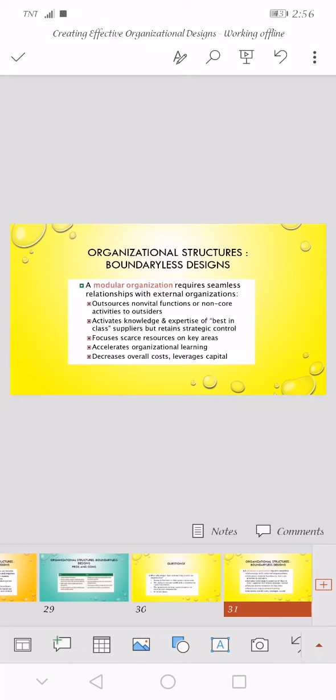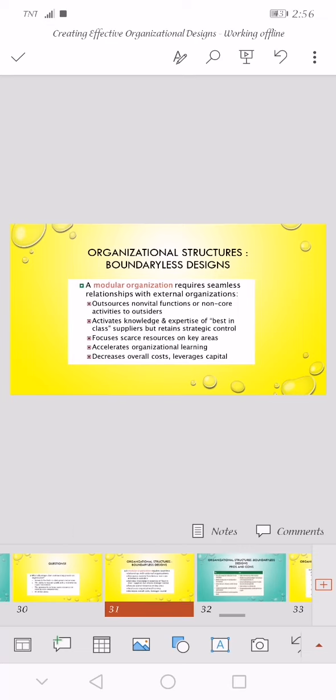Second, activates knowledge and expertise of best-in-class suppliers but retains strategic control. Third, focuses scarce resources on key areas. Fourth, accelerates organizational learning. Fifth, decreases overall cost and leverages capital.